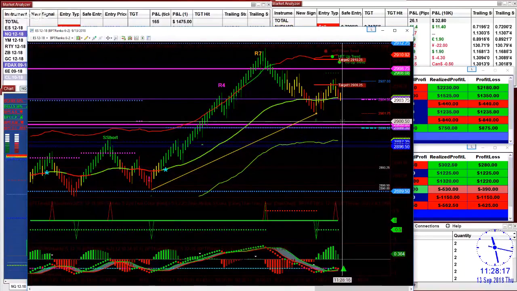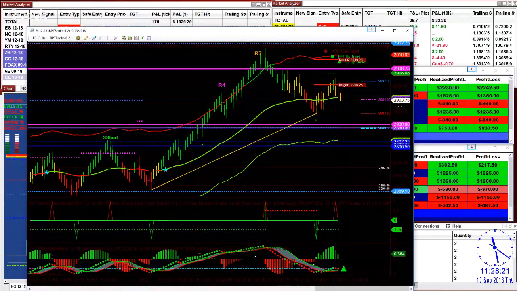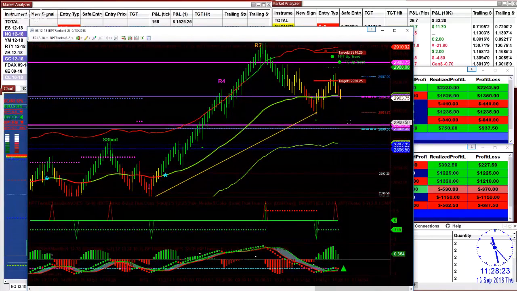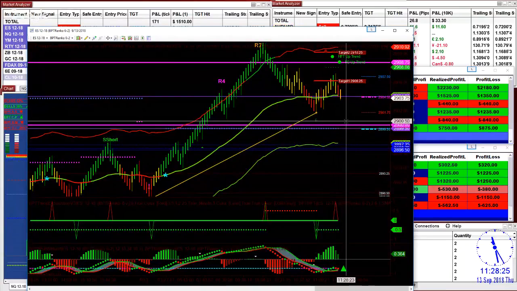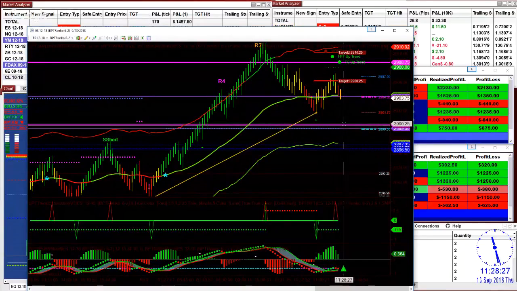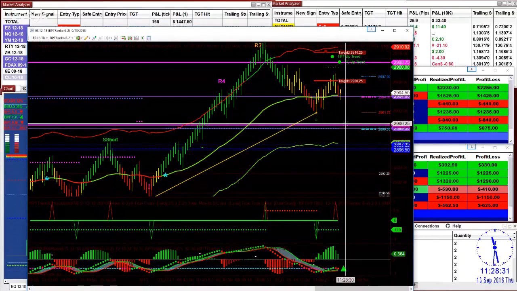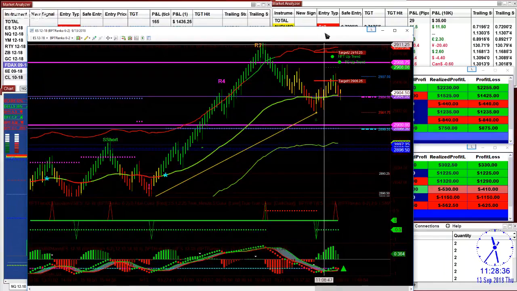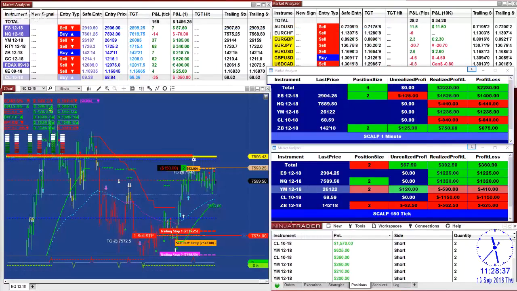Man, we are going through a lot of chop on the ES now. Oh, boy. This is where we are really diving into a chop market on the ES. It's not tradable anymore.